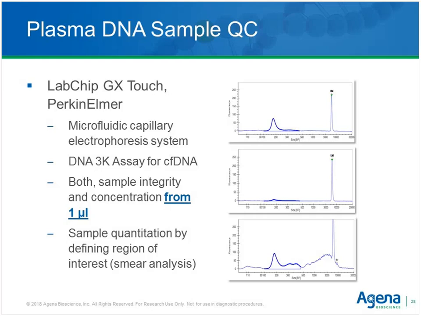Consider that if you only have around 20 microliters, it is good not to use too much for the QC. It can also quantitate, and we come to that in a minute, by defining a region of interest underneath the smear, underneath the fragment size of interest, as you can see by the line underneath the bold part of the curve.